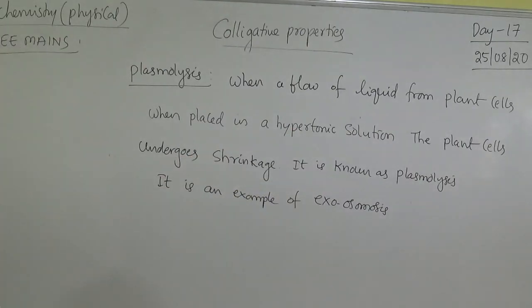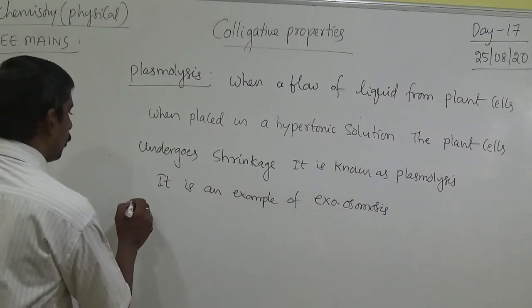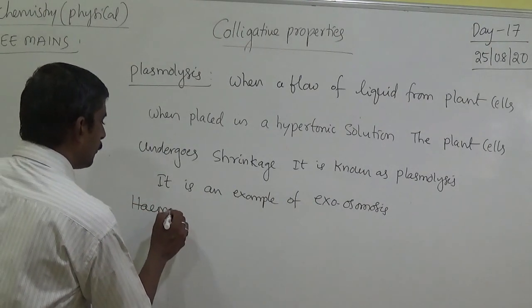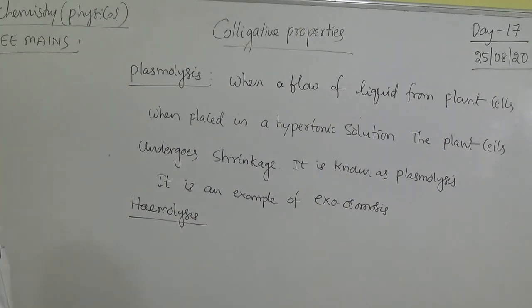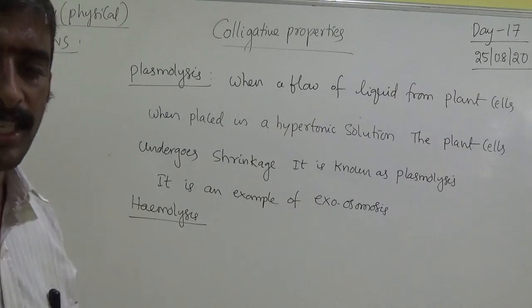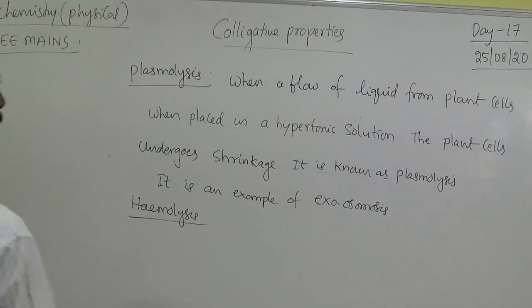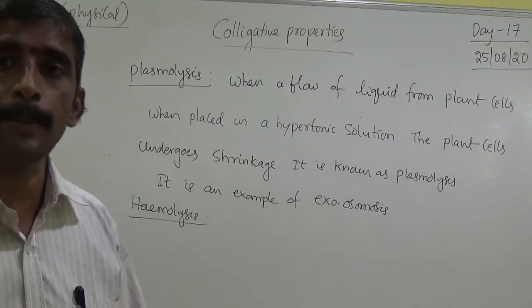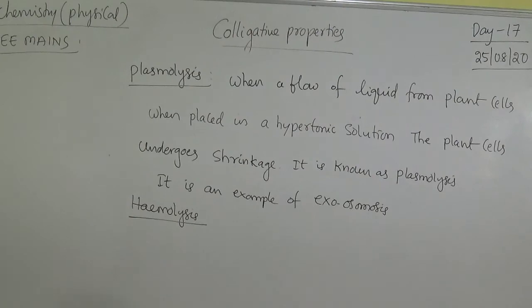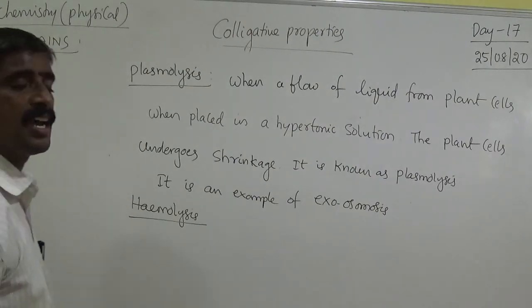It is plasmolysis. And another one is hemolysis. Second one is hemolysis. Plasmolysis means when there is a flow of liquid from plant cells when placed in a hypertonic solution, the plant cells undergo shrinkage.